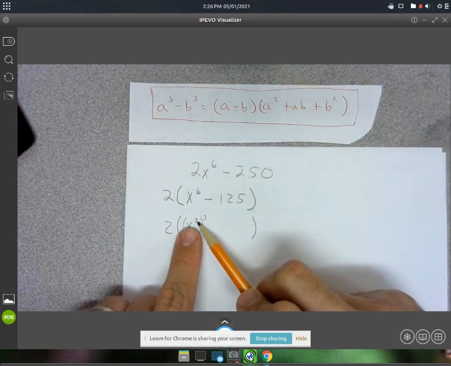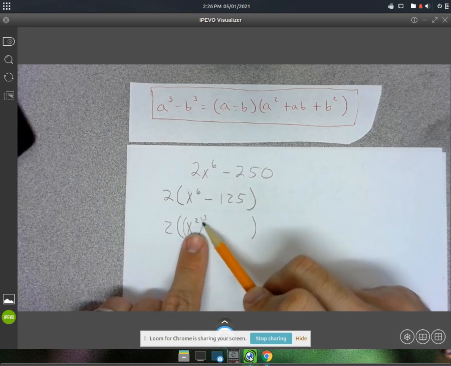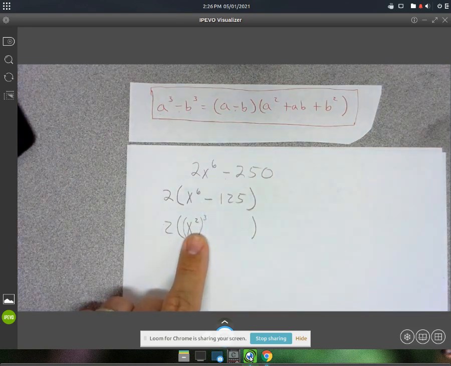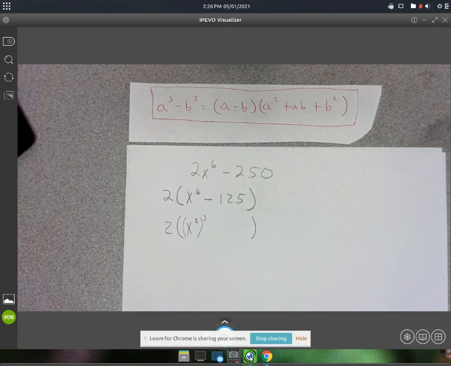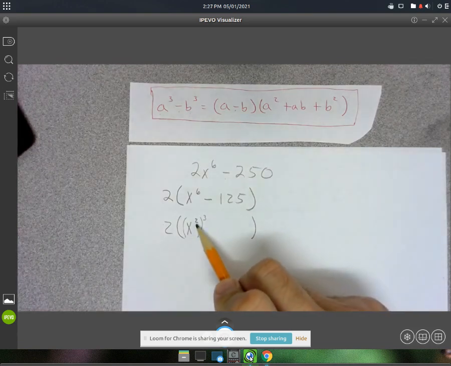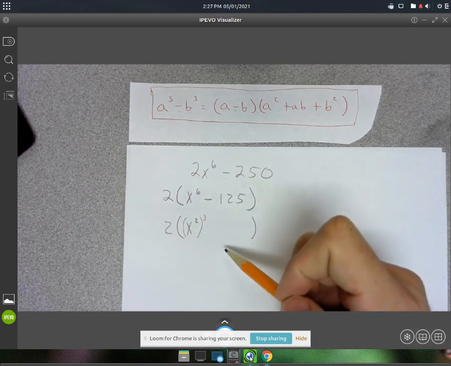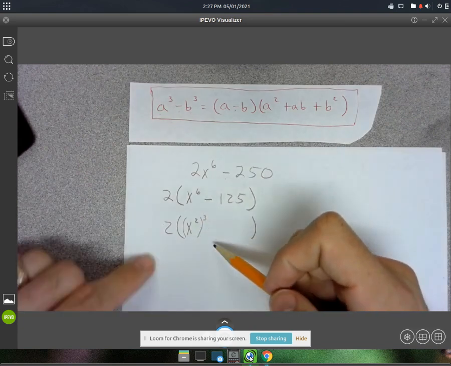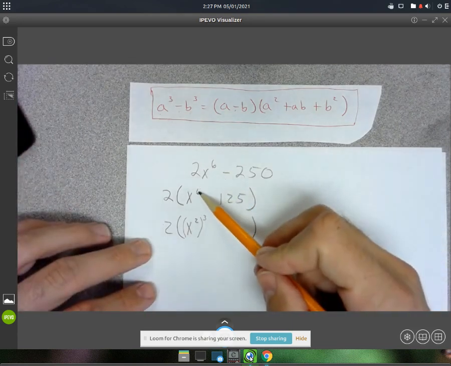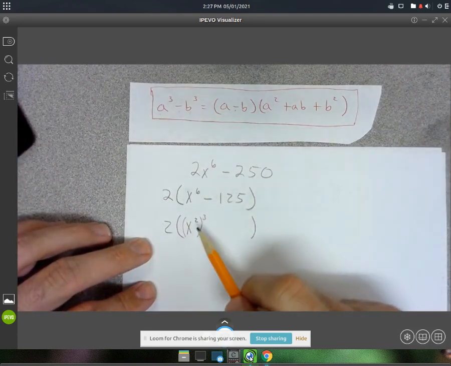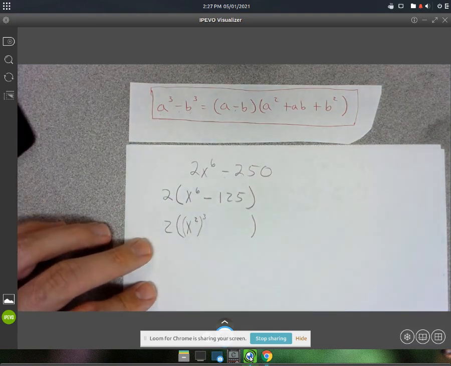And when you have a power to another power, you multiply the exponents. So that's how I'm working it backwards. Or if you do x squared times x squared times x squared, you add up those exponents, and that makes 6 total. Basically I just divided the 6 by 3, and that determined my 2 there.